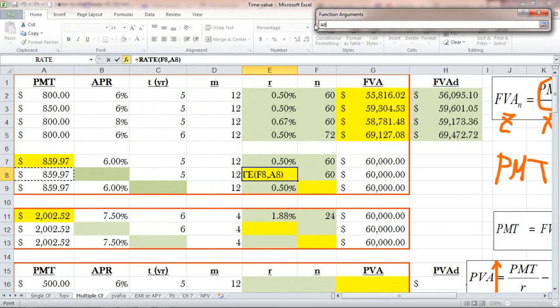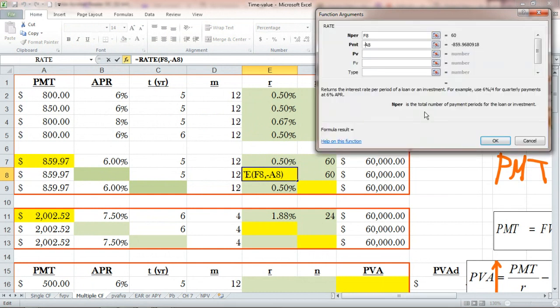You got to input the payment, but you must make this negative. Negative means cash outflow, right? And in a financial calculator, one thing must be cash outflow, and the other thing must be cash inflow. So payment is cash outflow in ours. There's no present value. We skip present value because this is not a single cash flow model.